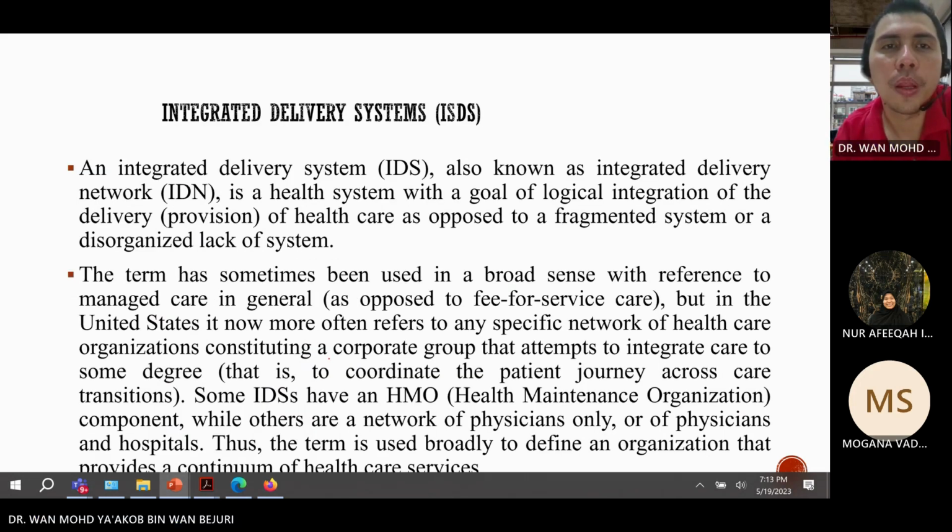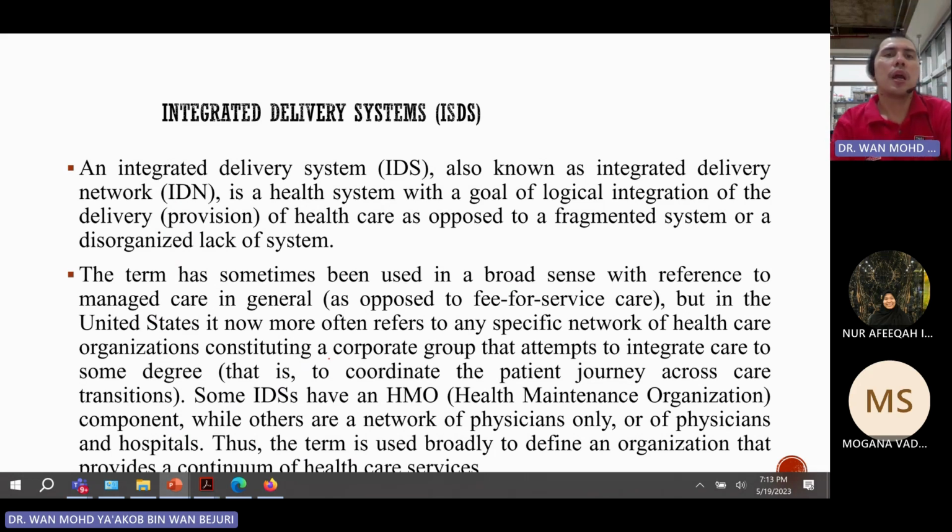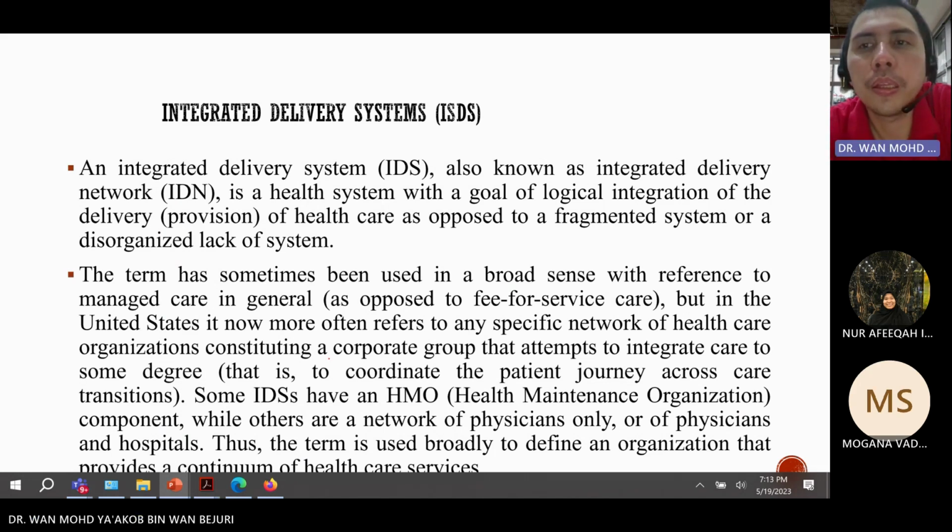Now we will move on to the integrated delivery system. What is IDS? IDS is an integrated delivery network or integrated delivery system. It is basically a health system with the goal of logical integration of healthcare delivery, as opposed to a fragmented system.